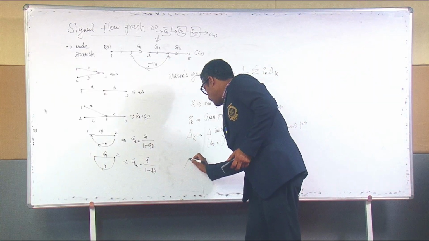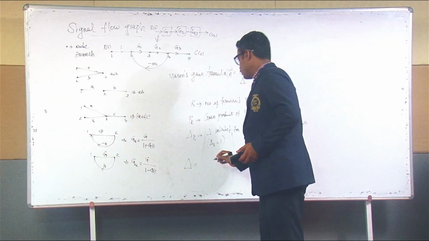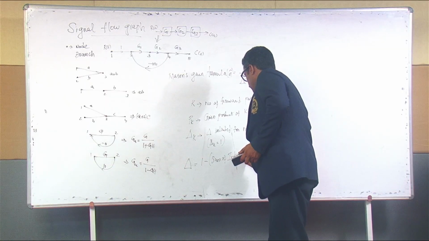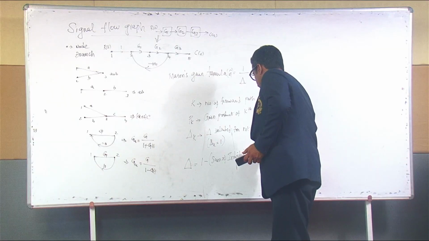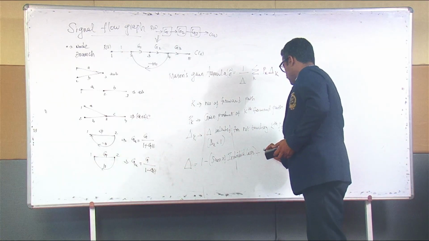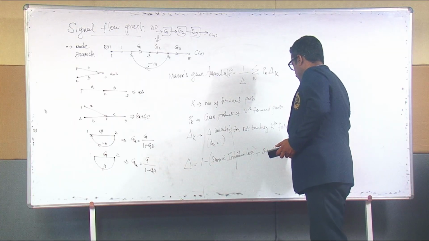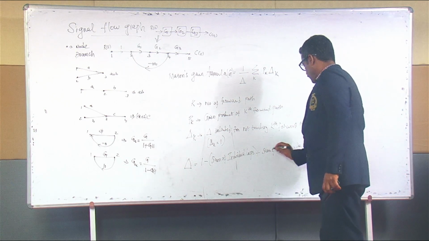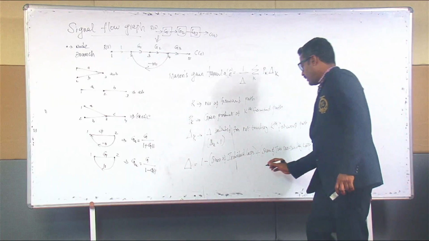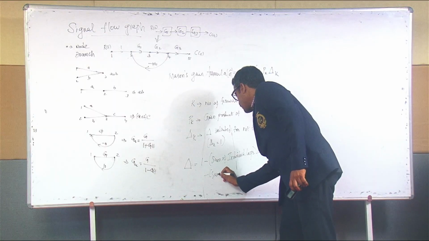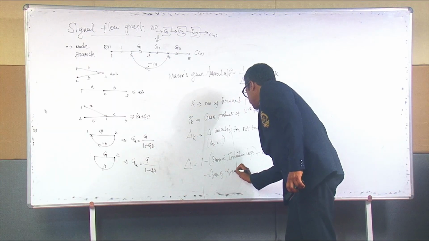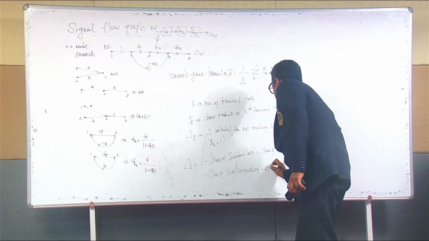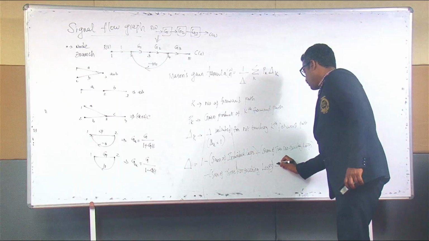Here the important thing is how to calculate del. Del equals 1 minus the sum of individual loops, plus the sum of two non-touching loops, and alternating sign again, minus the sum of three non-touching loops, plus, and so on.